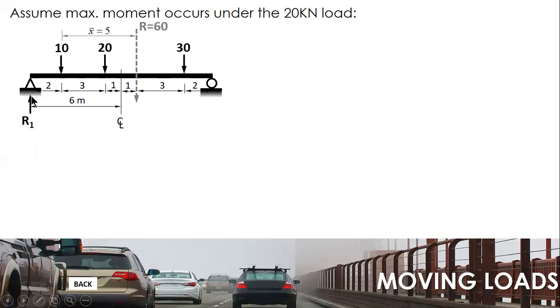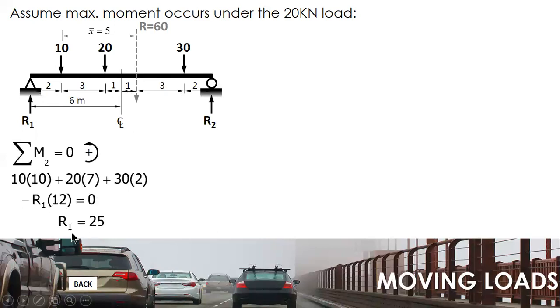So, solve the reactions R1, R2, R1 na lang. Summation of moment at 2, makakuha na itong R1. R1 equals 25. Okay. So, ang moment sa 2, instead na tulo, resultant lang, 60 times 5.